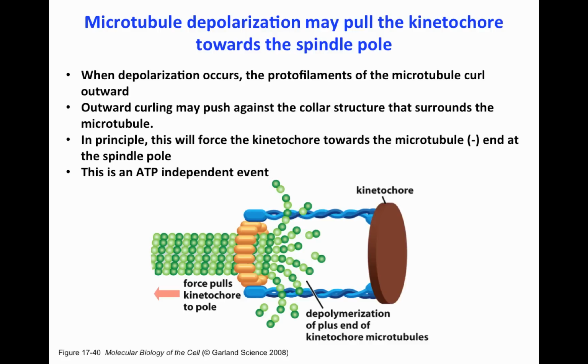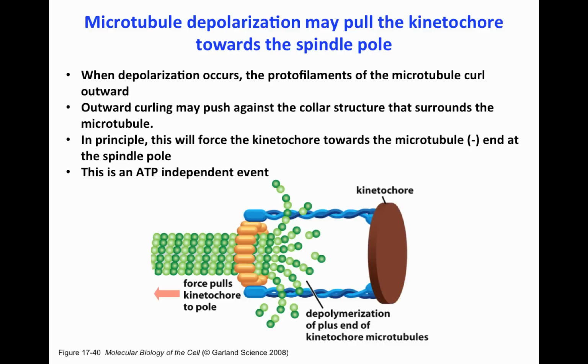But because the collar structure of the kinetochore is believed to be wrapped around the microtubules, the force that is forcing the microtubule to separate is being used and kept in place by the kinetochore collar structure. And therefore, the kinetochore is being pulled along the microtubule towards the negative pole as the microtubule is undergoing a catastrophe event. So in principle, that is moving it to the negative end.